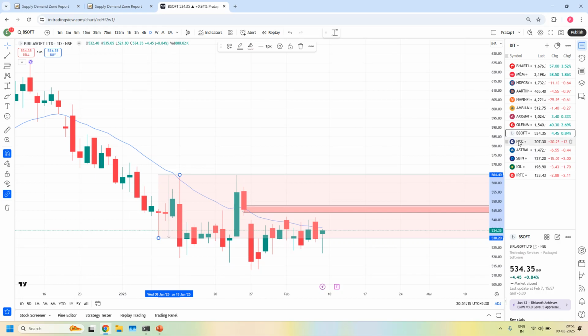These are all monthly-daily EMA confluence, and here 75 minutes with daily. Here daily zone with daily EMA, here 75 minutes zone with daily. Astral and State Bank of India. And IGL and IRFC, they don't have any EMA confluences.